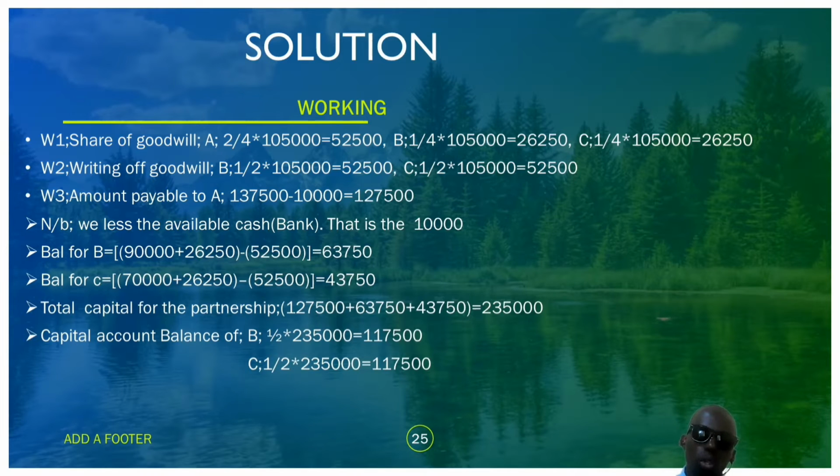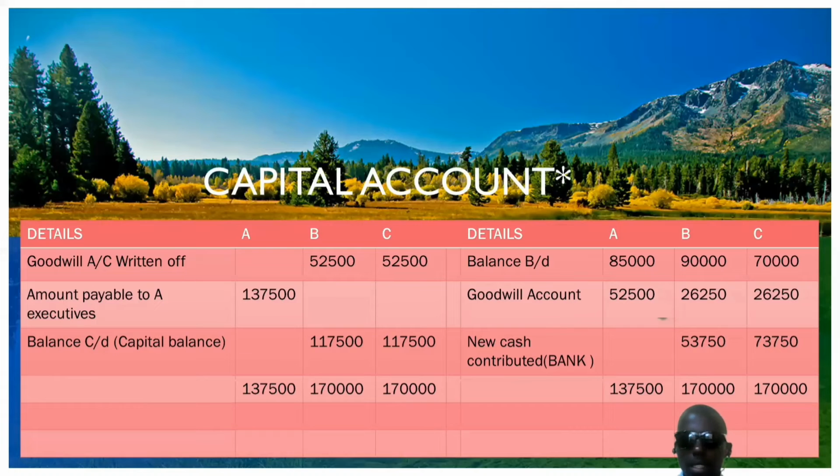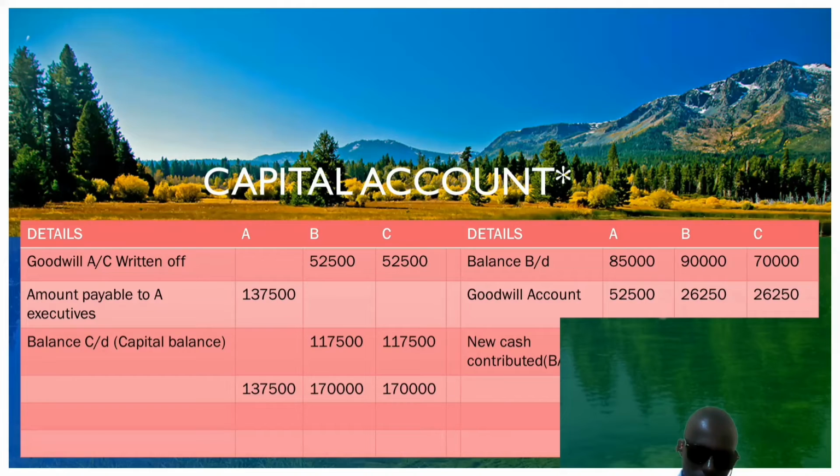Another aspect that we should look at is the balances of B and the balances of C. How are we going to get these balances? We just look at the credit side of the capital account. The balance of B is 90,000 plus 26,250, and for C is 70,000 plus 26,250.